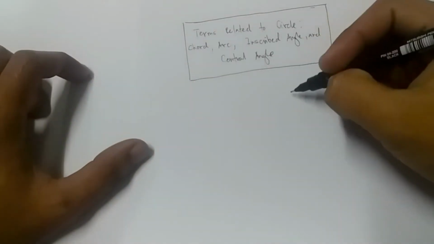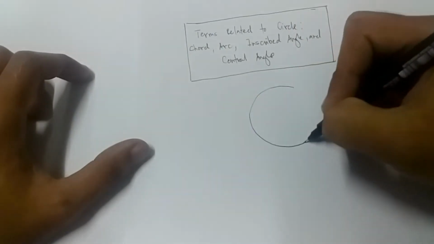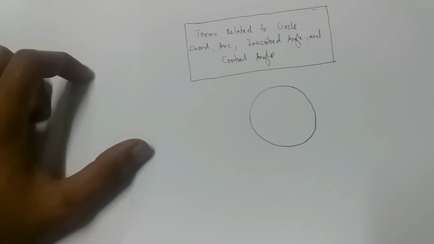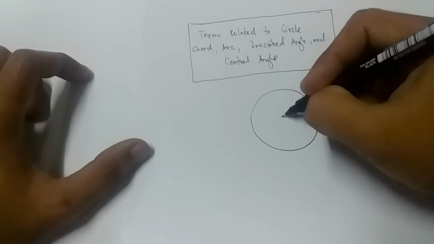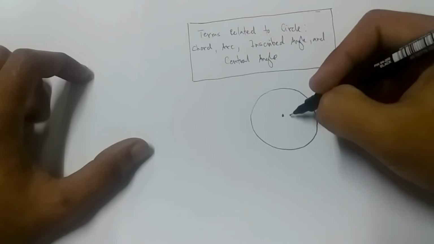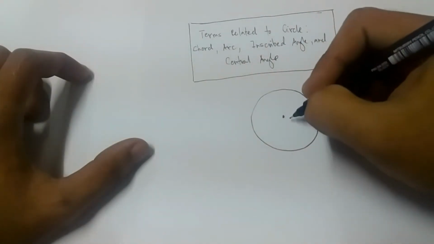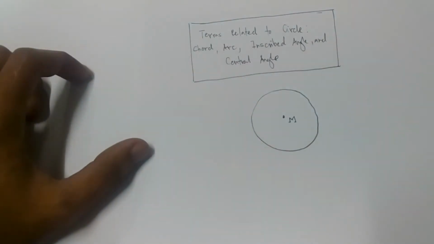Let's say this is the perfectly round garden, and you are sitting at the center. Let's say this is Maria, point M, which stands for the name Maria.